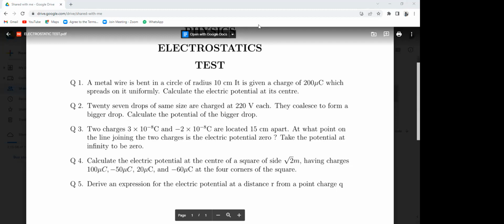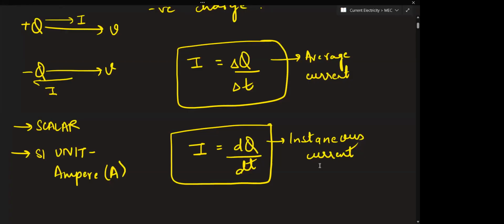Now let's do some questions on this. Basic formula-based questions.